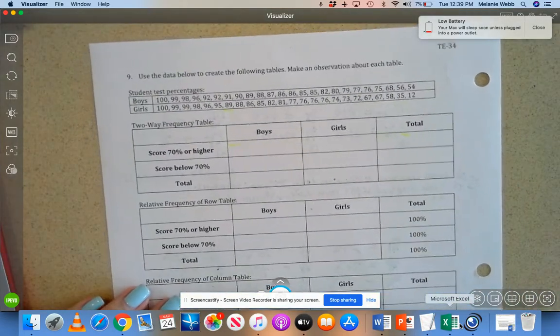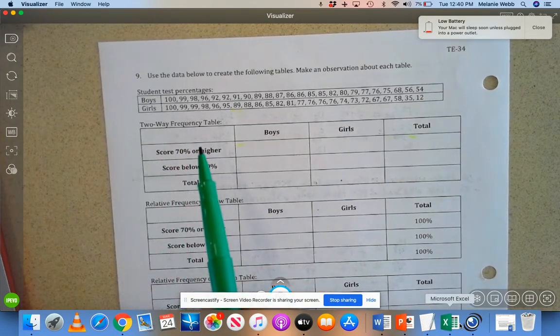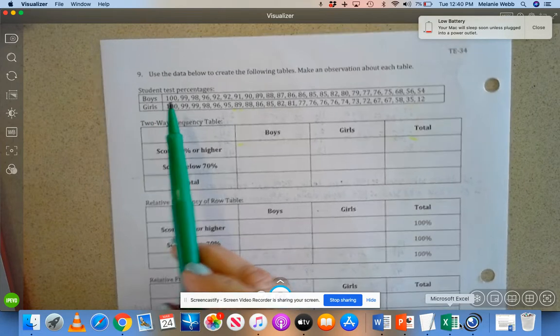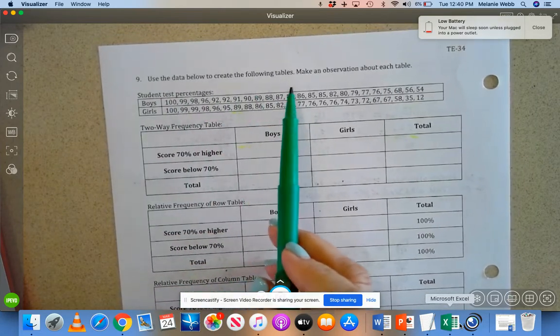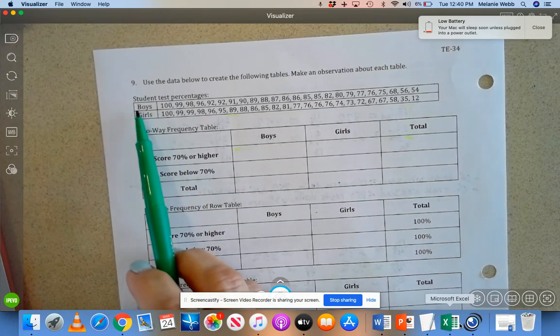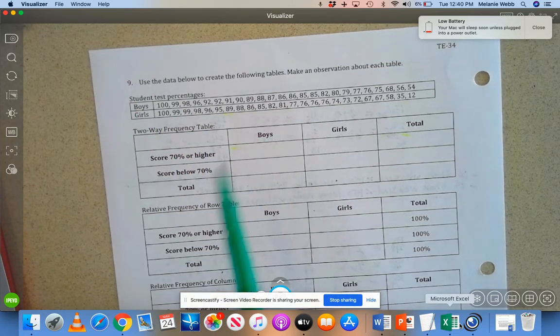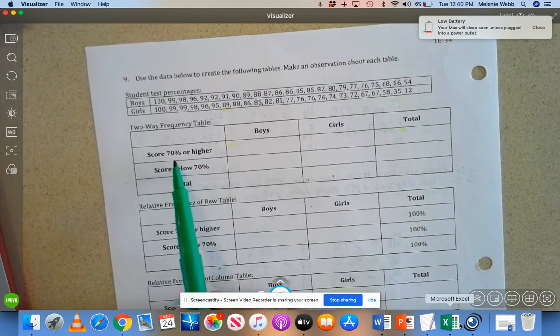Okay, so on the back we have some more information. We have student test percentages. He says, use the data below to create the following tables. Make an observation about each table. So you have student test percentages, boys, girls, okay? So here you have scored 70% or higher.